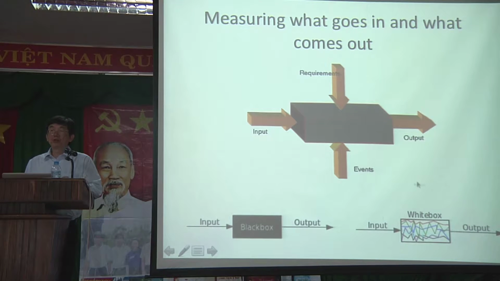If we already know what's inside the box, then from measuring the input and the output, we can model and tell what happens to the individual pathways inside the box.